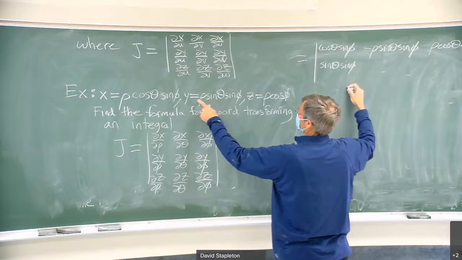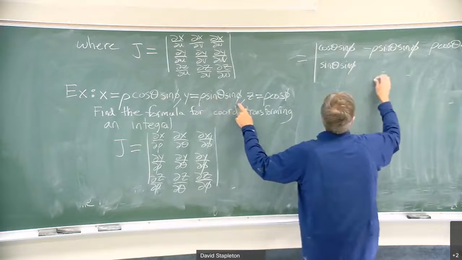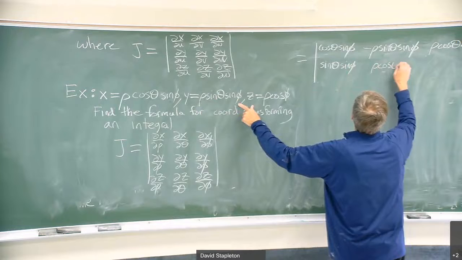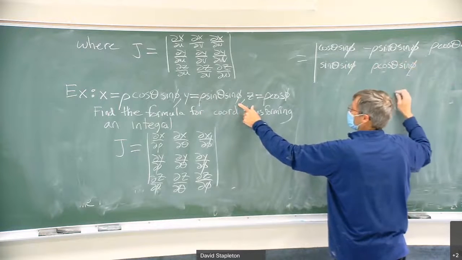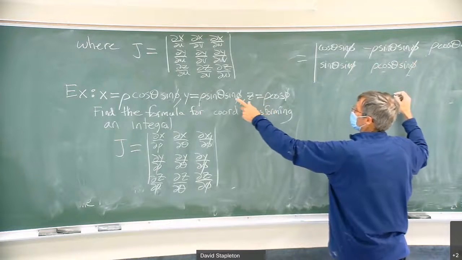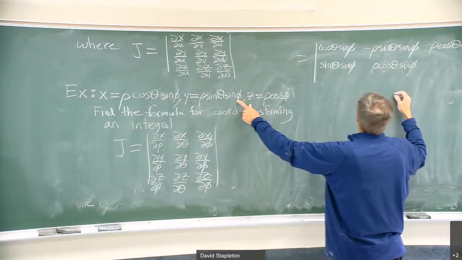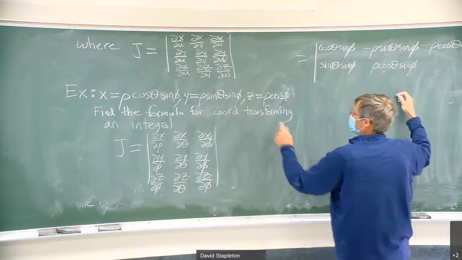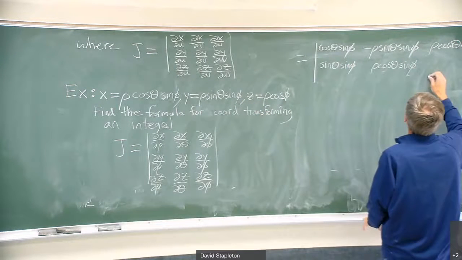Dy d theta is rho cosine theta sine phi. And then dy d phi is rho sine theta cosine phi.